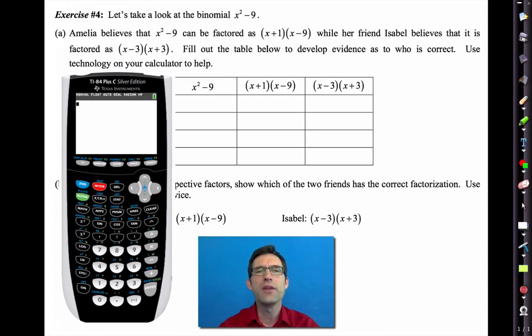And what we're going to be doing now is just like we did in a previous lesson, we're going to be putting those in, but now as y1, y2, and y3. So let's start by hitting the y equals button on our calculator. Okay, now what I'd like you to do is clear out any equations that might be in there. Okay, give you a moment to do that.